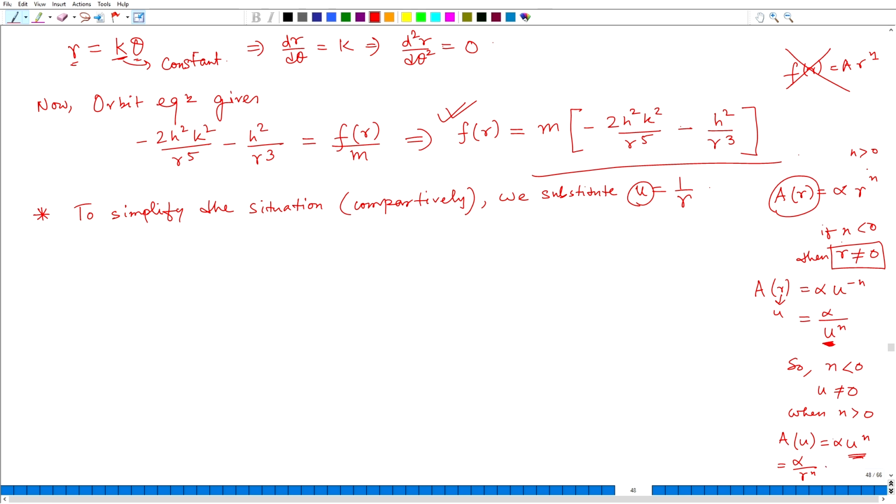So, apparently there is a conflict, or how to say, a problem of consistency. For n less than or equal to 0, you have to exclude the 0 point here, but here you actually have to exclude u equal to 0.